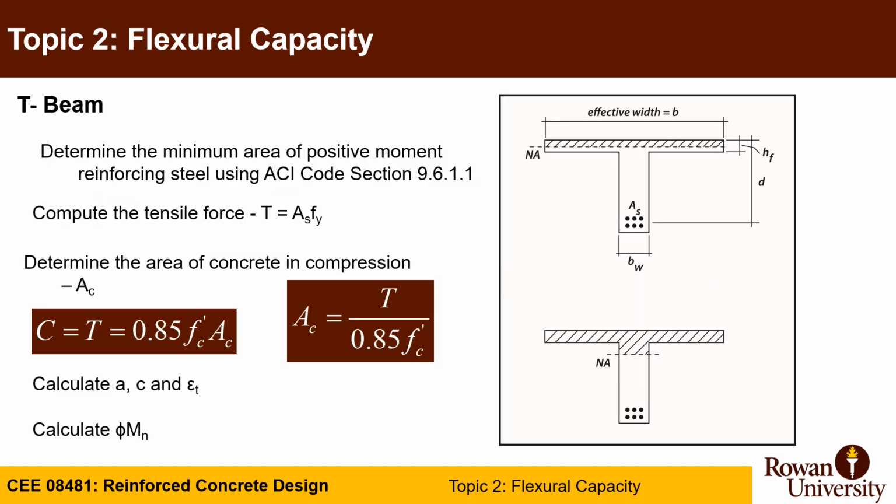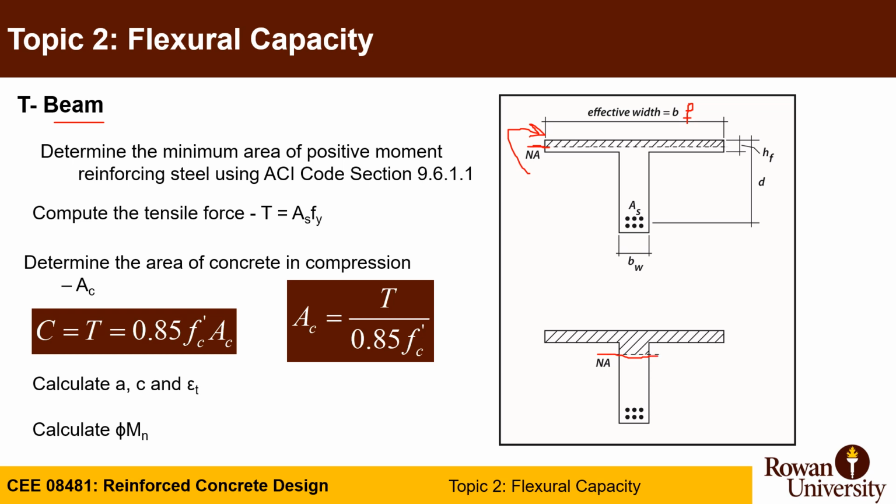So in this case, we will have in the T-beams two cases, because since we have B web and B flange, we will have two possibilities. The first possibility is that when you do the capacity analysis, the neutral axis for stresses will be within the flange, or it will be actually within the web.